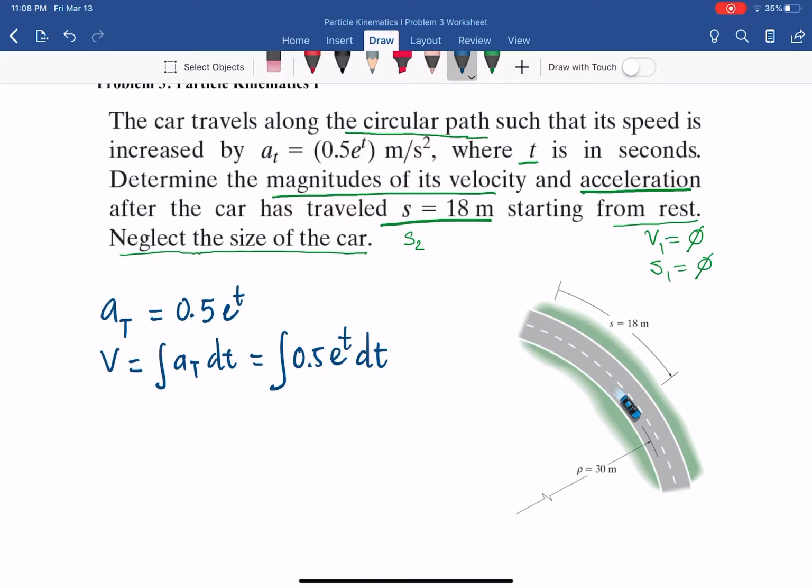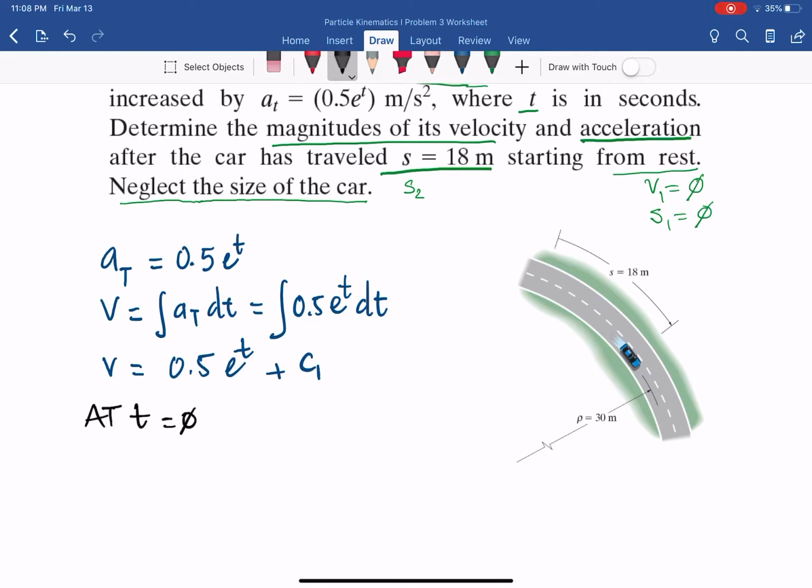So from that integral, I can have 0.05 e^t dt equal to 0.05 e^t, right? And then we need to add the constant first, so we have C1. So C1 will be determined from the initial condition. So in this case, we can say at t equals 0, the initial condition, the body is starting from rest.